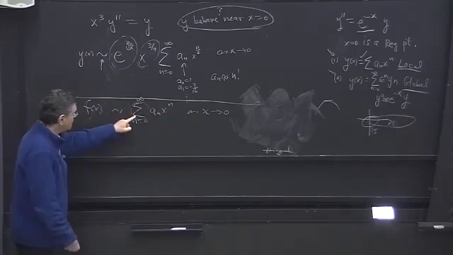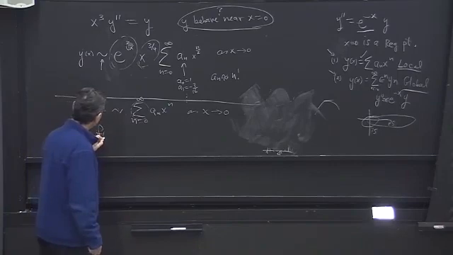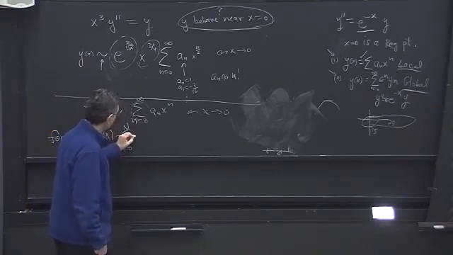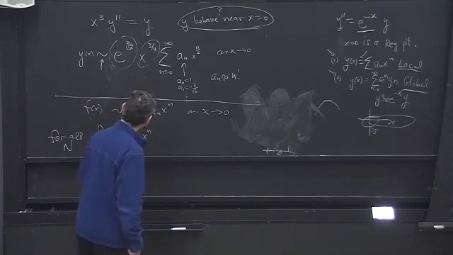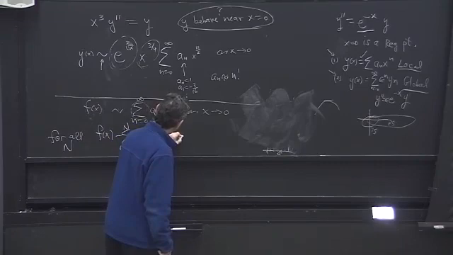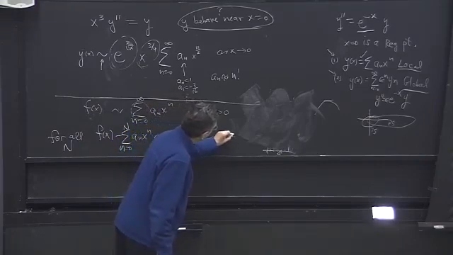So what this means is that for all n, it is true that f of x minus the sum from n equals 0 to n of a sub n x to the n is asymptotic to a sub n plus 1, x to the n plus 1, as x goes to 0.